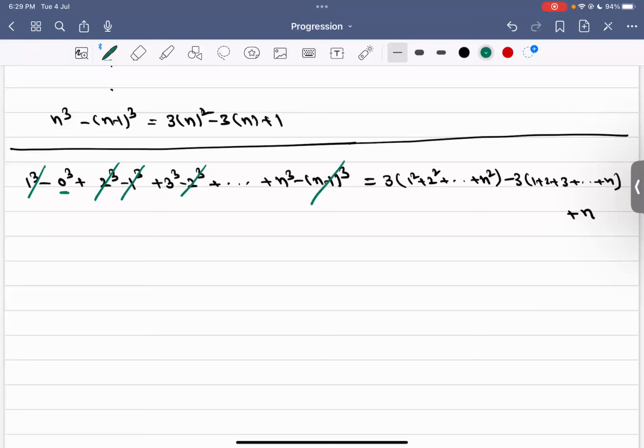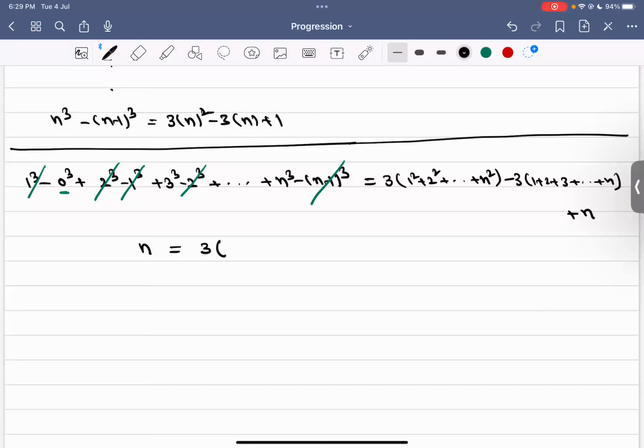N minus 1 whole cube cancels with the preceding term. So in the preceding term, you will have n minus 1 whole cube. Therefore, this cancels with this n minus 1 whole cube. You are left with what? N cube. So now the left hand side is equal to this 3 into. So this is our requirement.